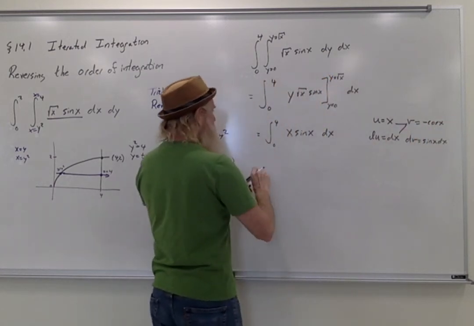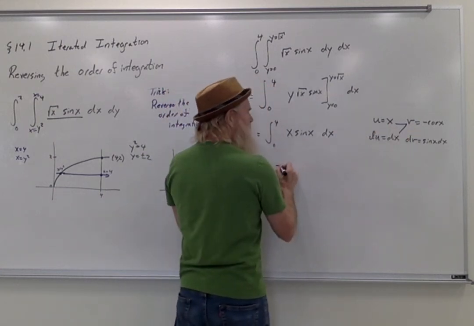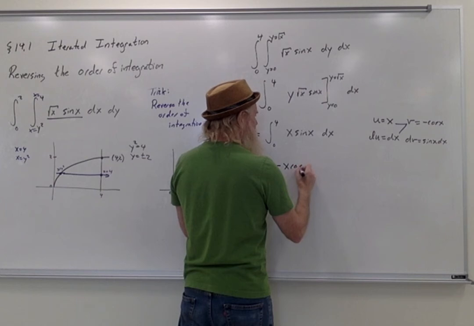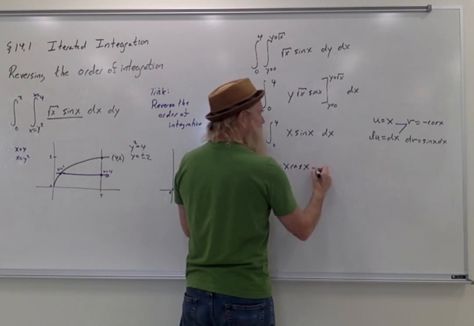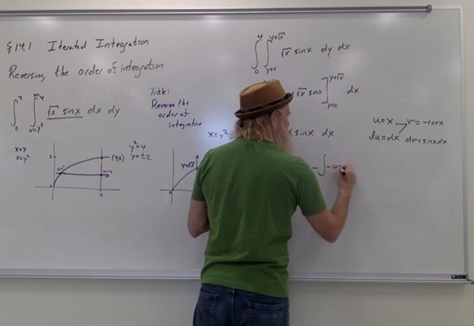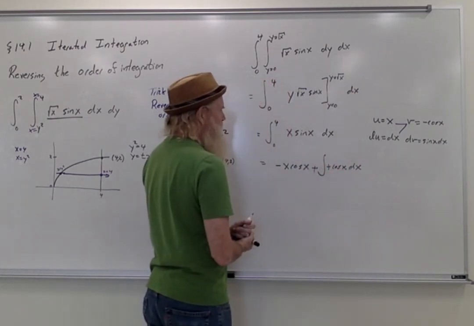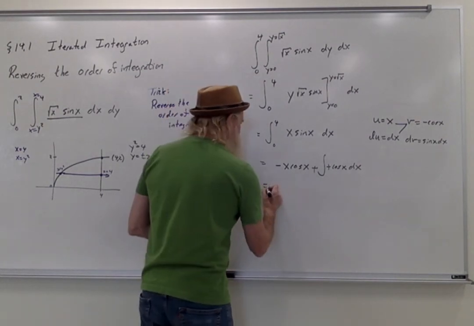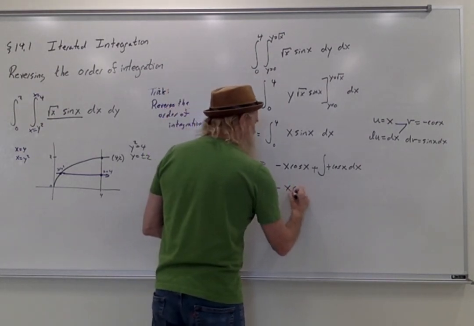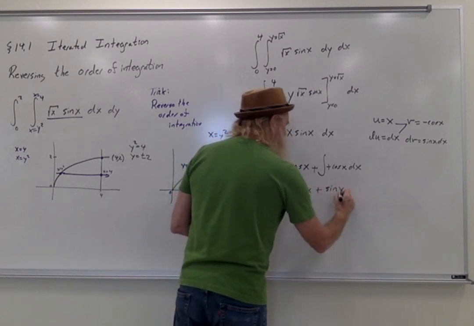So applying the integration by parts formula, I'll have negative x cosine x minus the integral of negative cosine x dx. And notice that those negatives cancel. So I have negative x cosine x plus sine x.